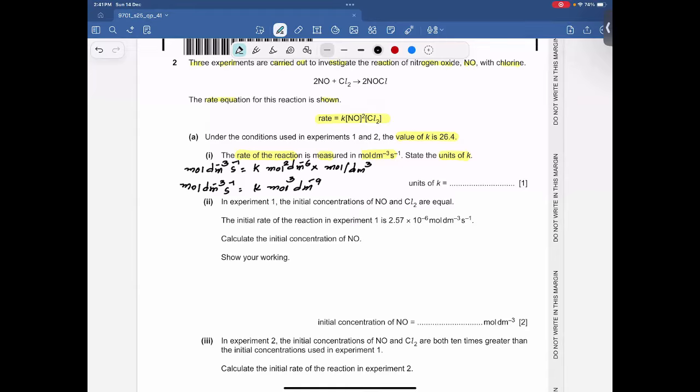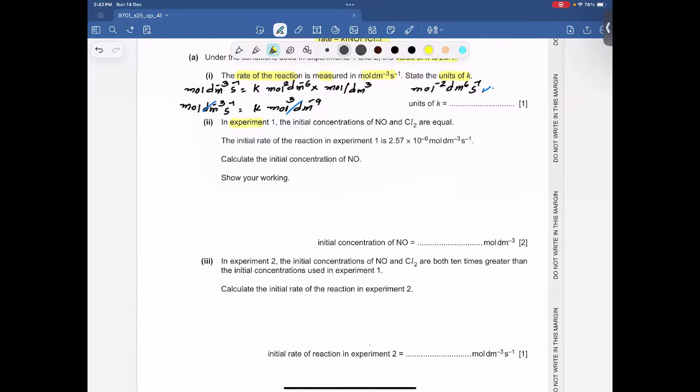So the unit is going to be, I believe, mole inverse 2, dm6, and second inverse. I hope it makes sense to you, because they will cancel out with each other. So we are going to get this one.